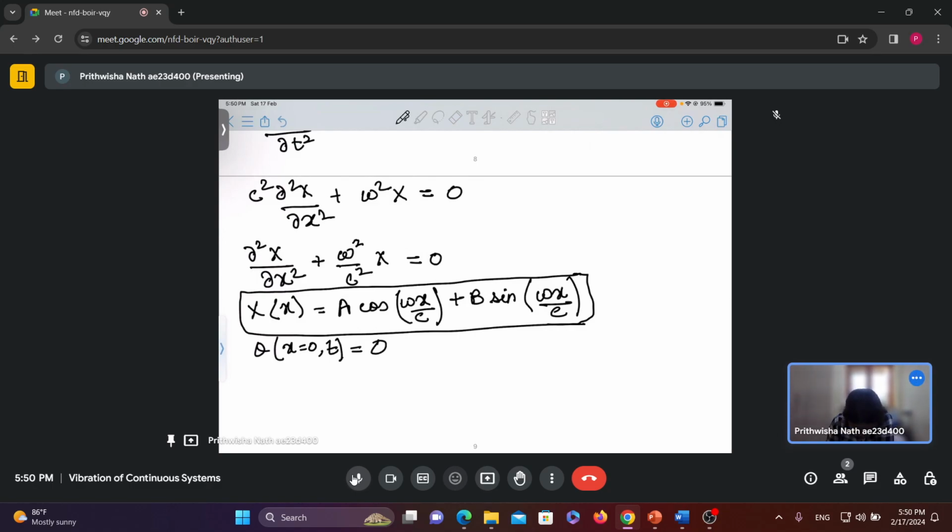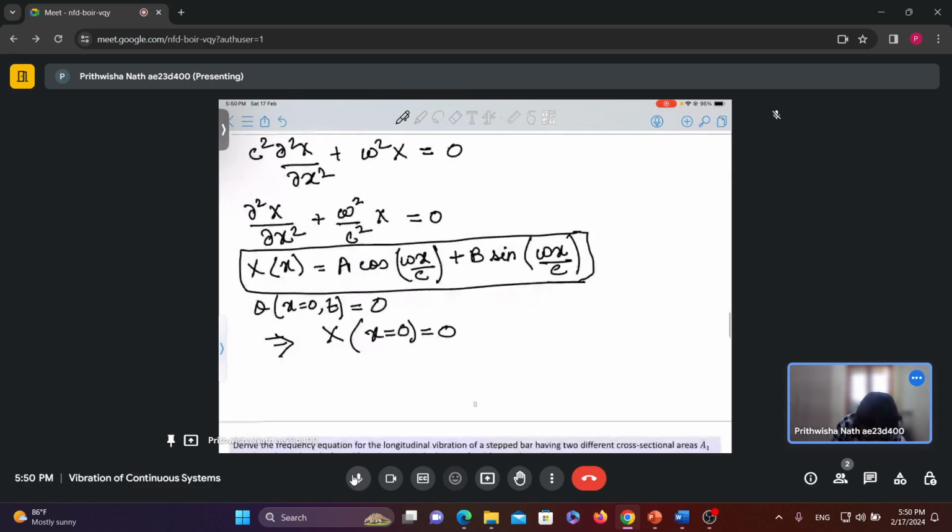From this I can say that x at x equals 0 is 0. Therefore, if I substitute x equals 0 in this equation, the cos term becomes 1 and the sine term becomes 0. So I can say a equals 0.